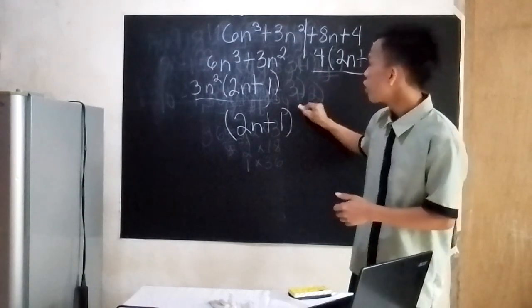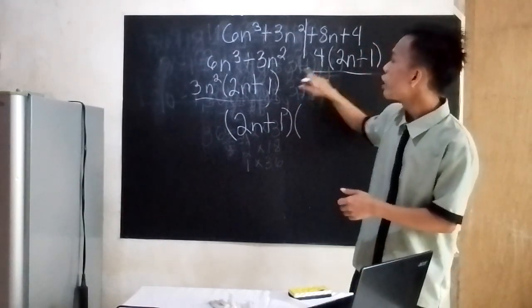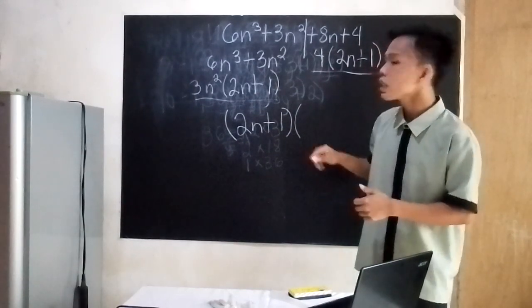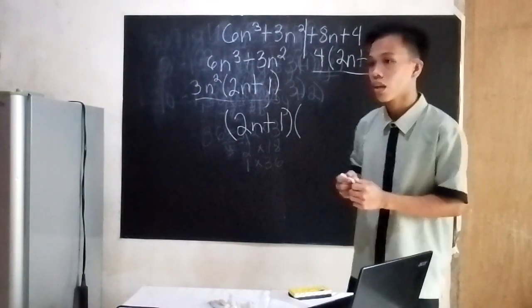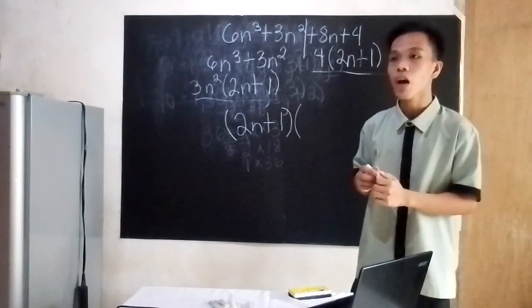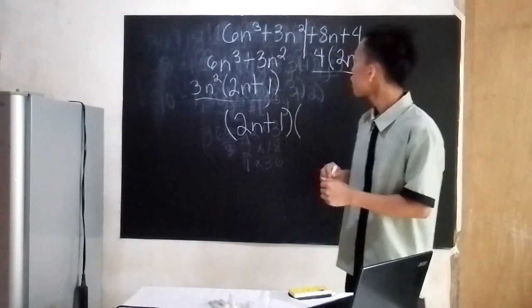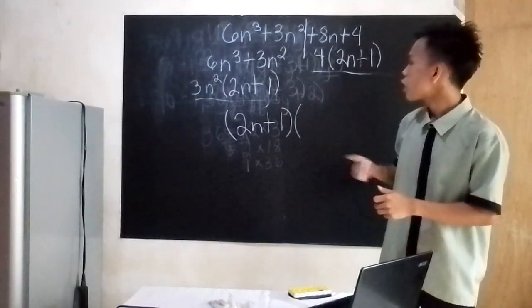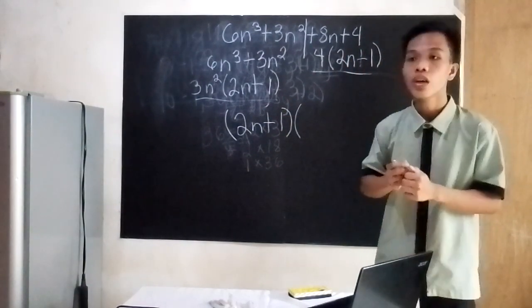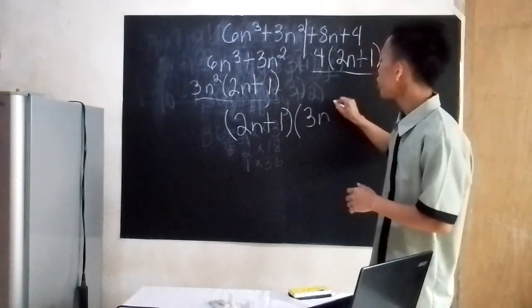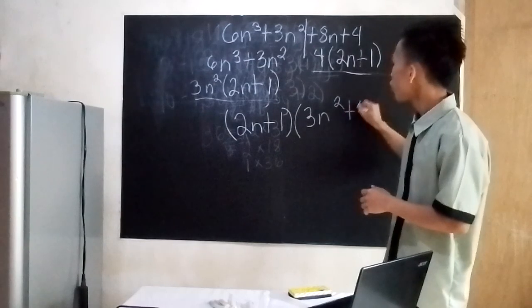Then, on combining 4 and 3n squared, or combining the multiplicands, we are just going to sum them, or add them. Mark Sibuko, what is our expression for 3n squared and 4? That's right, that will be 3n squared plus 4.